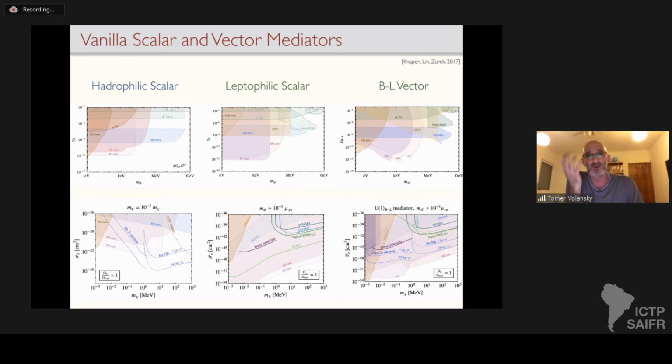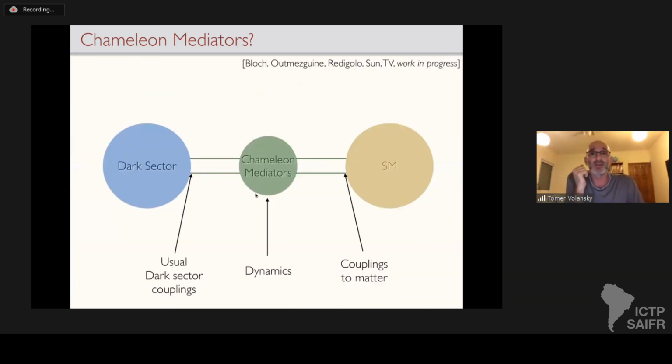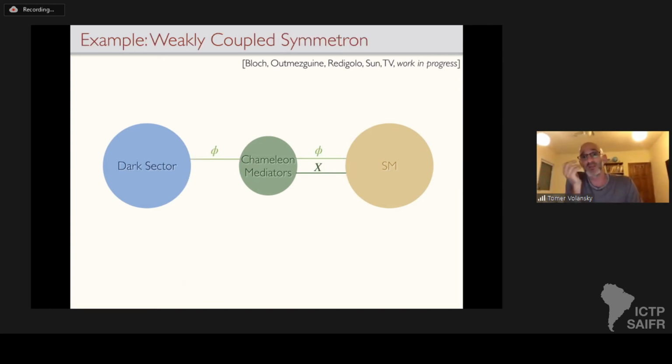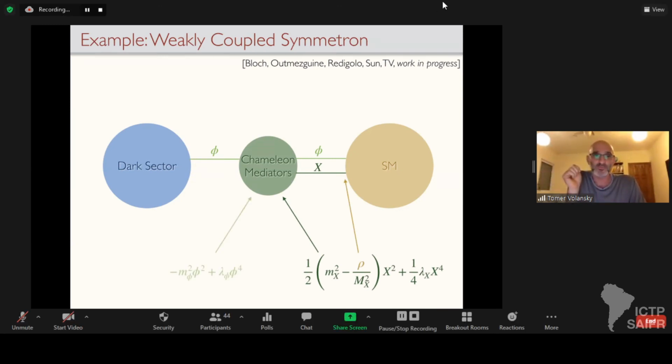So can you have instead a chameleon mediator? So you have mediators that connect between the dark sector and the standard model, okay? And here's a very, very simple scenario. Just again, this is work in progress. You have two fields. One of them is just the mediator, it's phi, and the X again is going to be a symmetron. So the X again gets a wave or doesn't get a wave according to the density in the standard model.